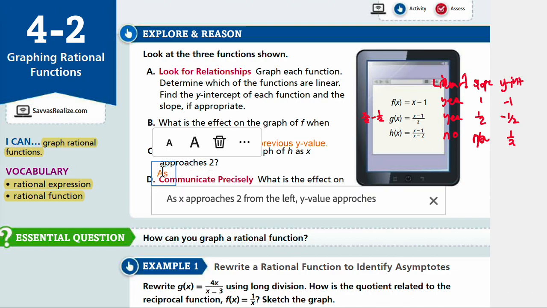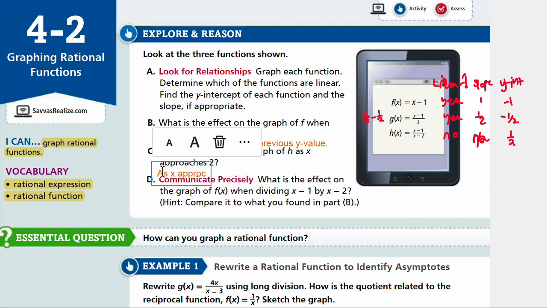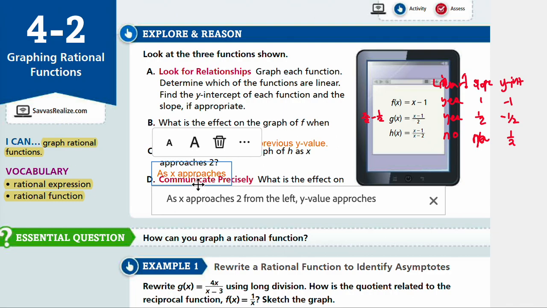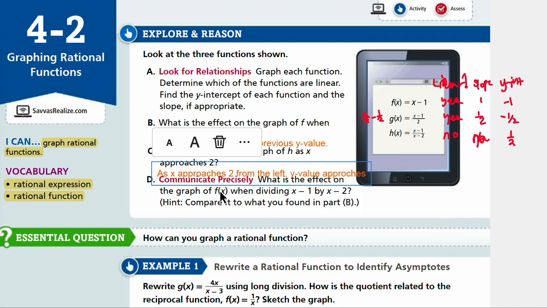So as x approaches 2 from the left, y approaches negative infinity.